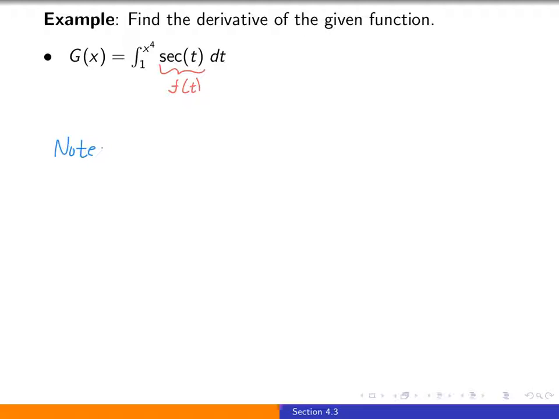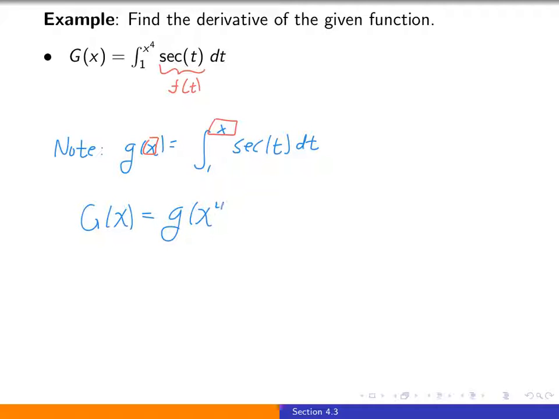So let me just note that if I define little g of x to be the definite integral from 1 to x of secant of t, we see how this function is defined. Whatever we plug in for x needs to become our upper limit of integration. So in this case, big G of x, the thing that we would like to work with, is g of x to the fourth.